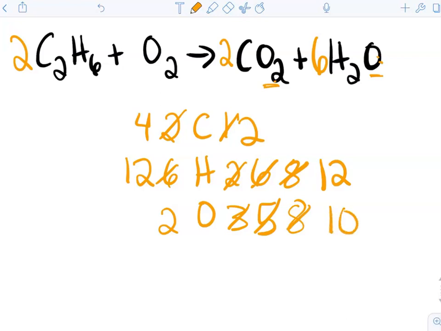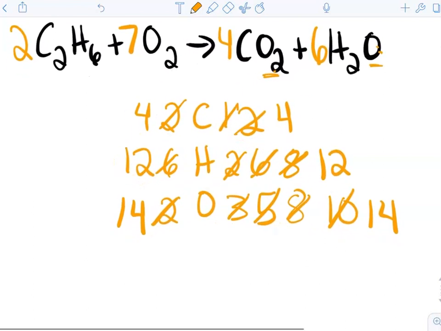But again, this carbon is still not balanced, so we're going to have to change that. I'm going to put a 4 here, so I now have 4 carbons. 4 times 2 is 8, and then plus 6, so 8 plus 6 is going to give us 14 oxygens. And then over here, 7 times 2 would be 14. And like I said, that one is a lot because you have to go through a lot of steps and kind of maneuver your way through.